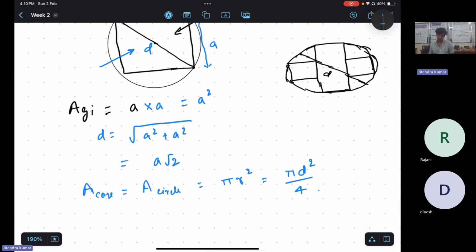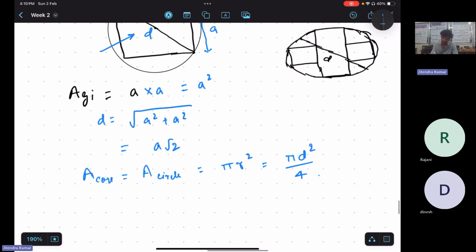So now you have this relationship between both of them, and the next step is the net core area is equal to the area stacking factor into pi D square by 4.